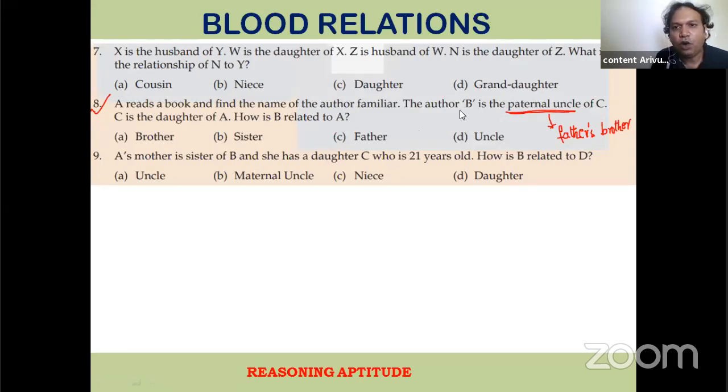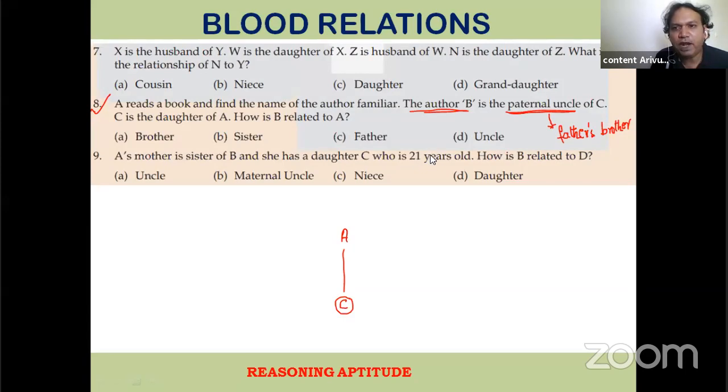Okay. So the author B is the paternal uncle of C, who is the daughter of A. So let's first make here A and make here daughter. C is the daughter of A. Correct? And who is B?